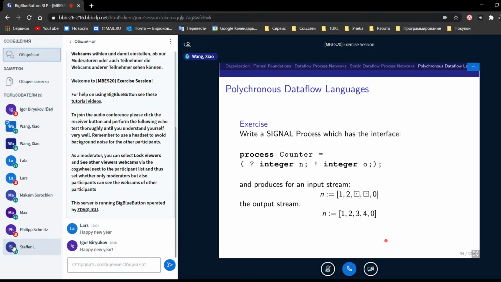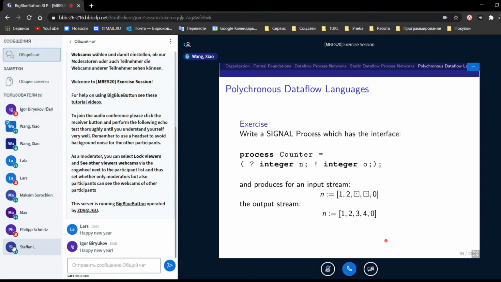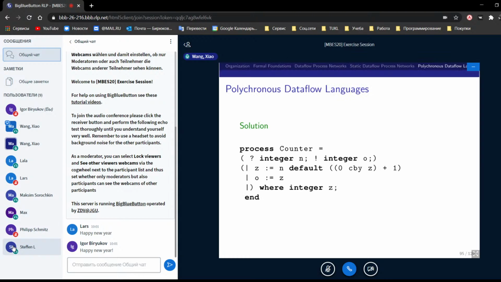I don't know whether I should say it's hard or easy, but at that point, I think you need to use fixed point semantics, and if you're not familiar with that, it might be hard. Okay, so here's the solution.